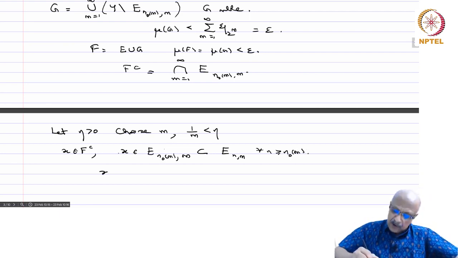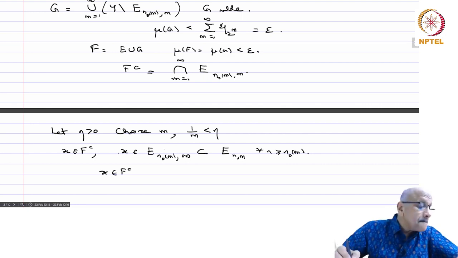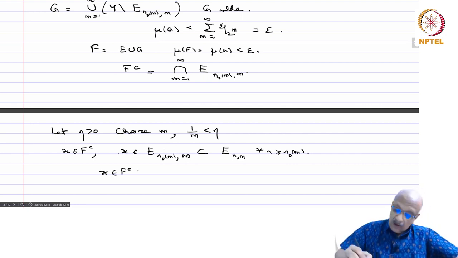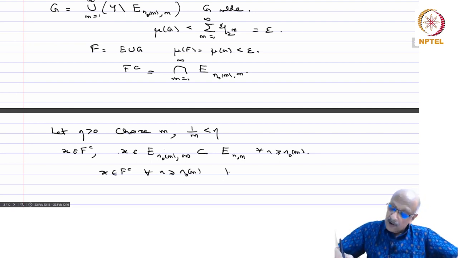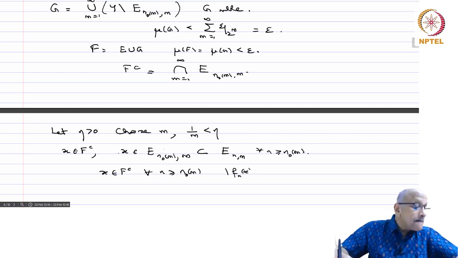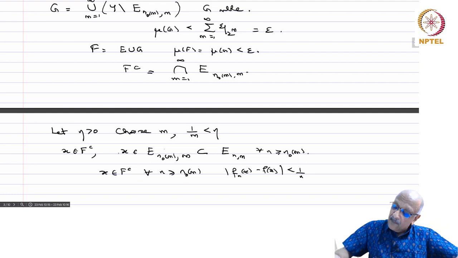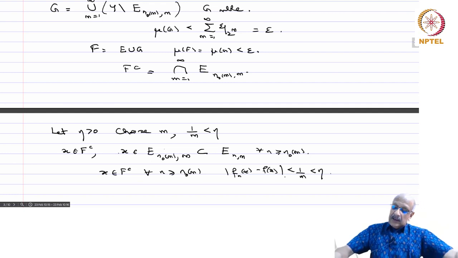So if x belongs to F complement, for all n greater or equal to n_0 of m, you have |f_n(x) minus f(x)| less than 1 by m, which is less than eta.